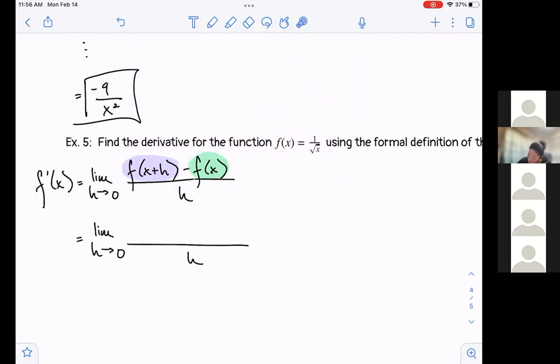What are our guesses for our f of x plus h? What might that thing in the purple look like?